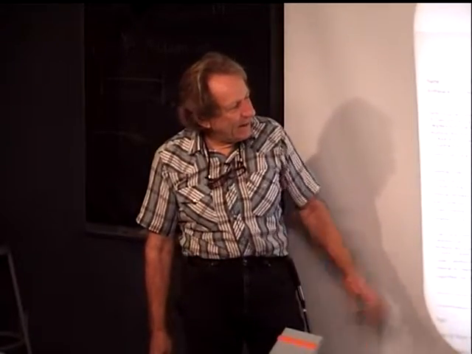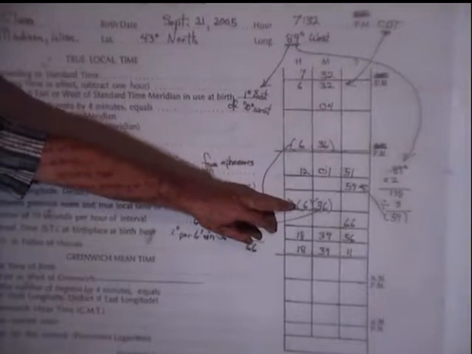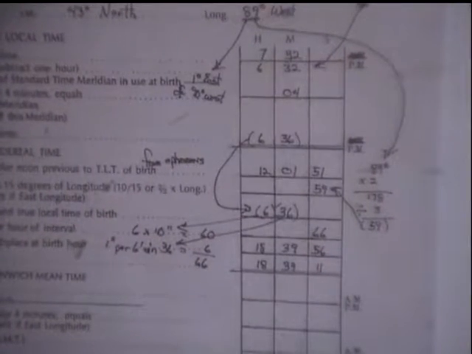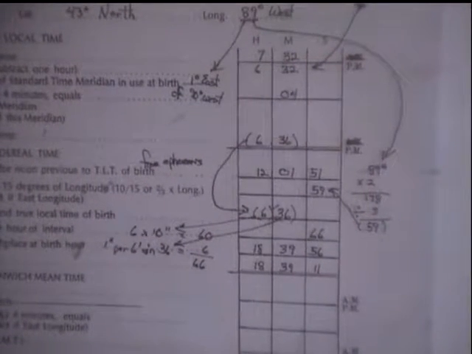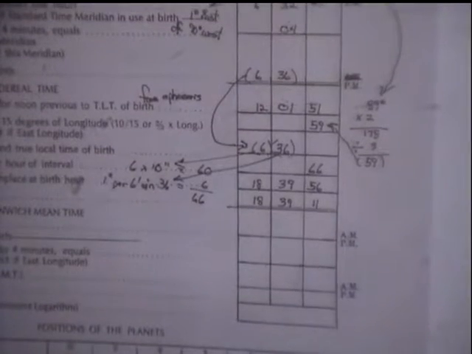All right. Now what we have to do is say, well, it didn't occur at noon. It occurred at 6 hours and 36 minutes after noon. And so we bring that into the calculation. So that's where we're bringing it forward from noon to 6:36.